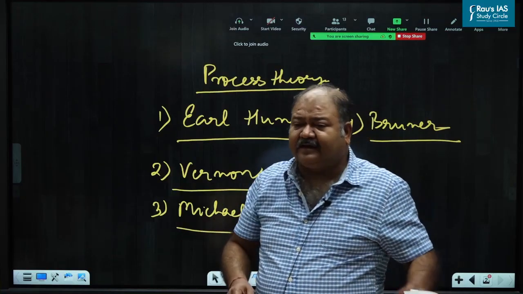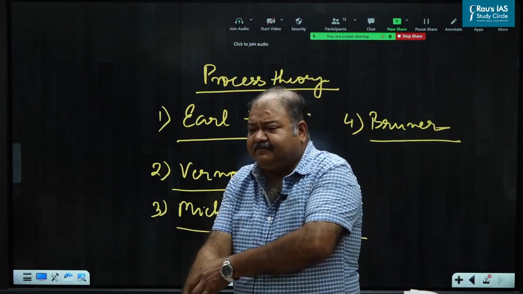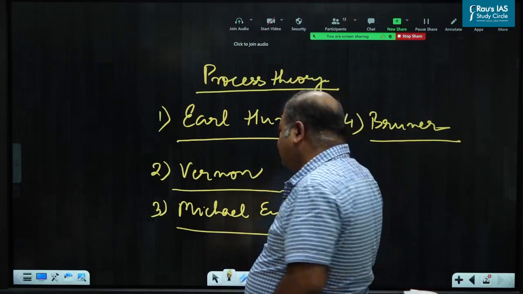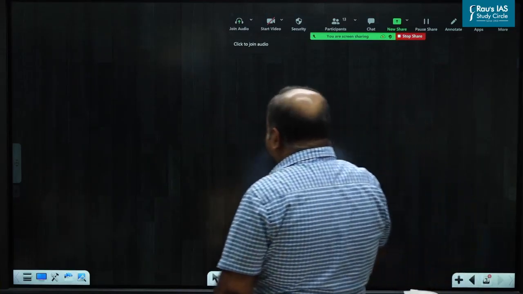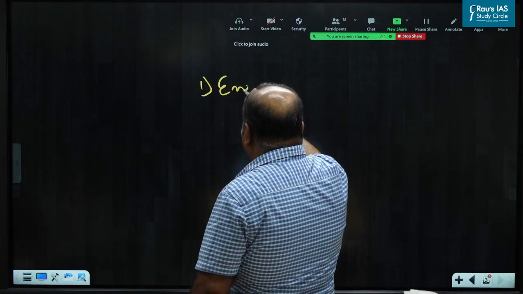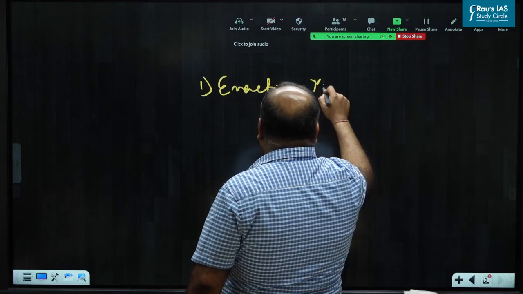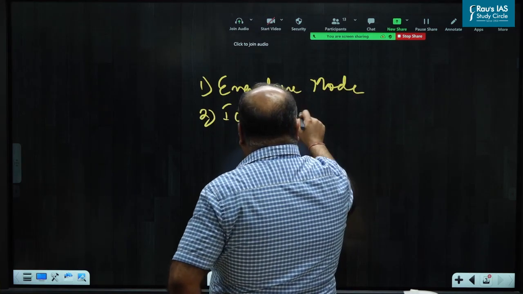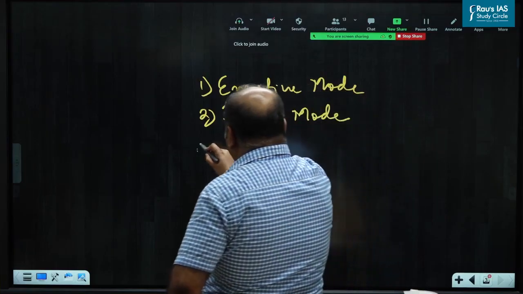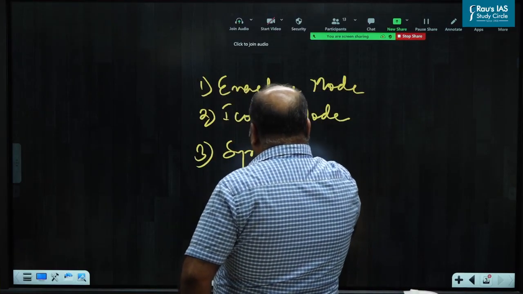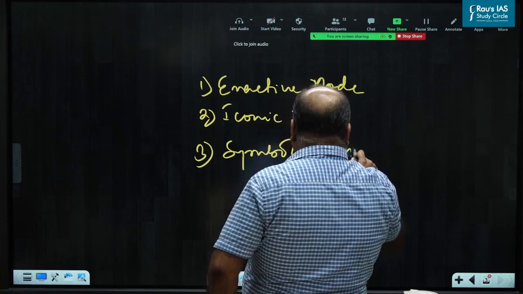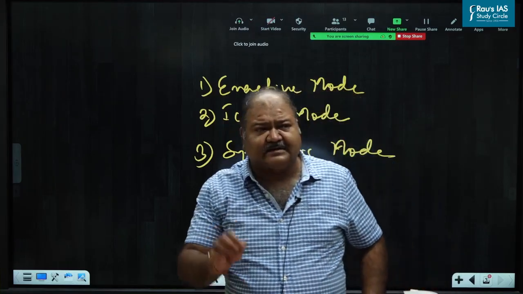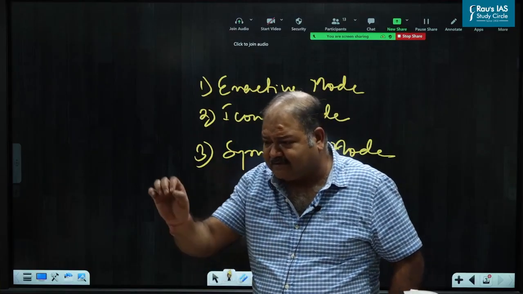Now, there are three modes of intellectual functioning: inactive mode, iconic mode, and symbolic mode.